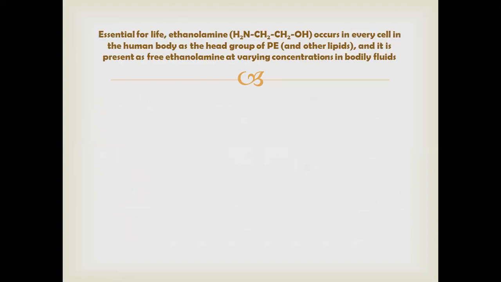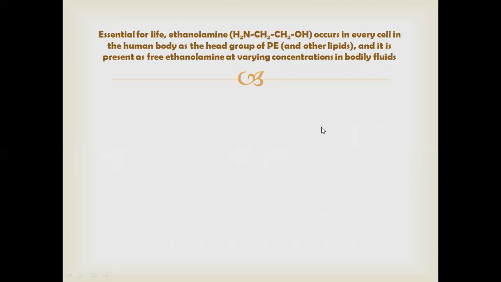Essential for life, ethanolamine, this is the structure of ethanolamine, and ethanolamine occurs in every cell in the human body as the head group of phosphatidylethanolamine, and it is present as free ethanolamine at varying concentrations in body fluid.